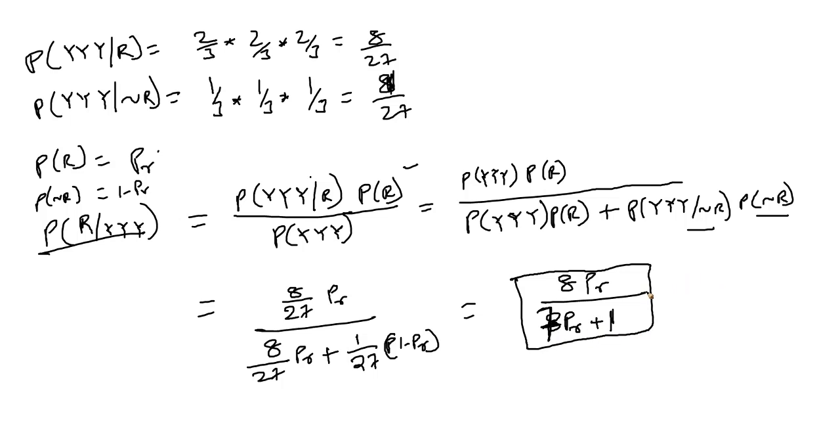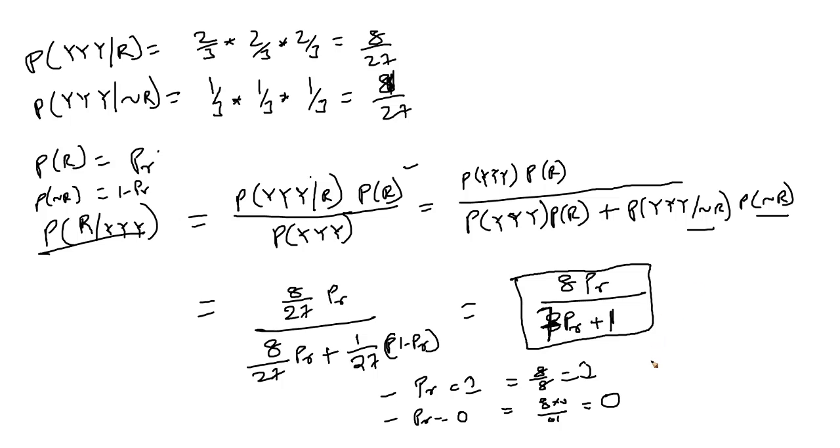So let's substitute our 2 extreme cases, which is when PR is equal to 1, which means it's raining all the time. You substitute here, and you get the probability that it's raining given your friends are saying yes is 8 by 8, which is equal to 1. When PR equals 0, then it's 8 times 0 by 0 plus 1, which is equal to 0.